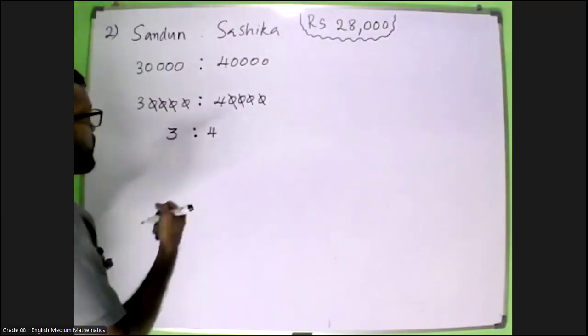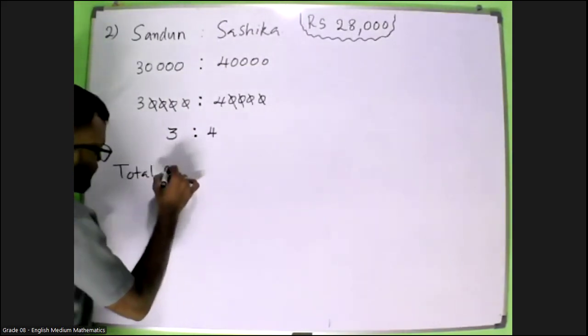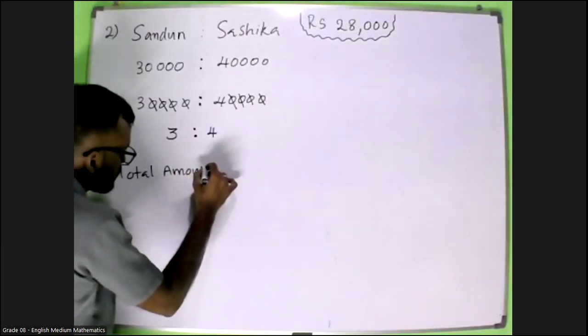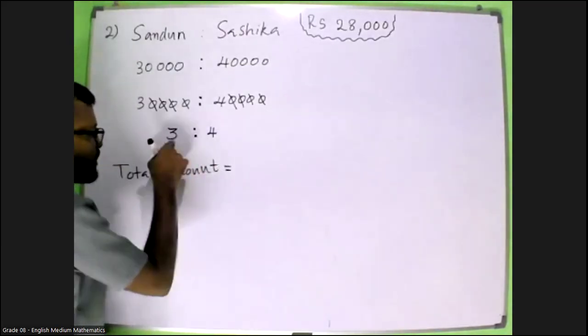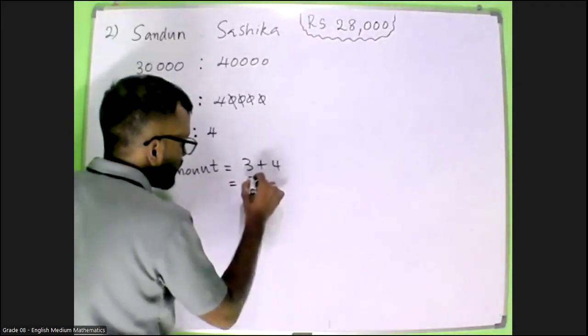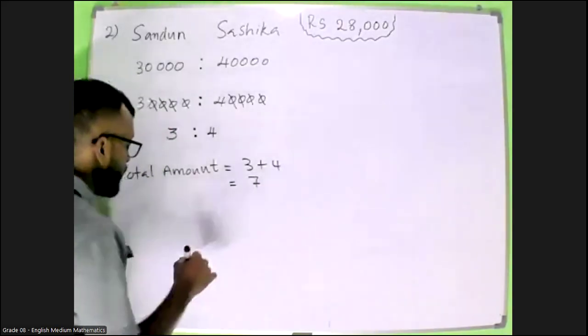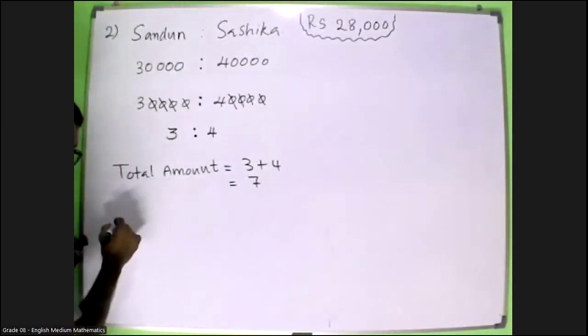So what is the total amount? Equals 3 plus 4 equals 7, right? So total parts 7.